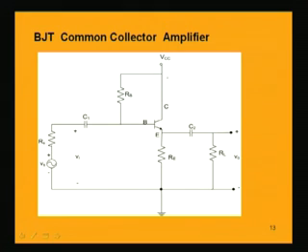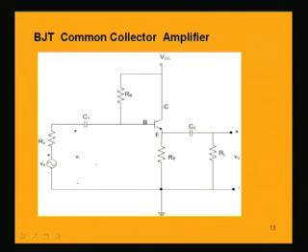In earlier cases we were getting the voltage between collector and ground, but here we get the output voltage between emitter and ground, and this load resistance is also between emitter and ground. As far as the biasing is concerned, it is similar to the fixed biasing circuit of the common emitter amplifier.